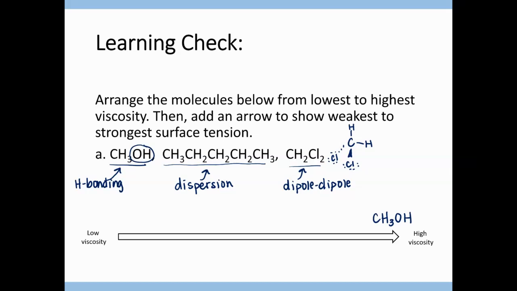Then low viscosity would be weaker intermolecular forces. So that's our molecule with dispersion forces. And then dipole-dipole for CH2Cl2 is somewhere in between.